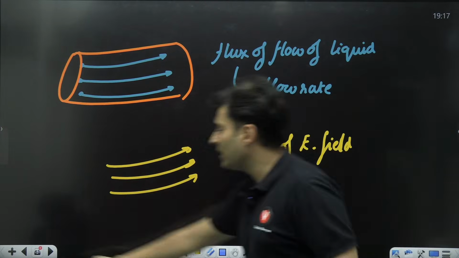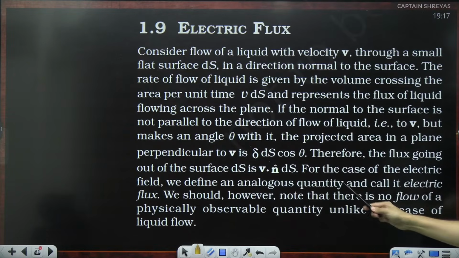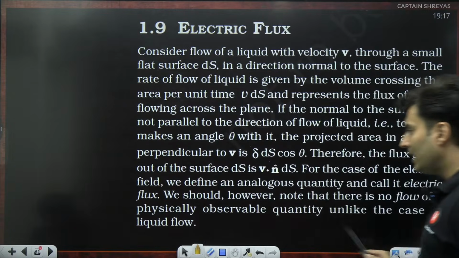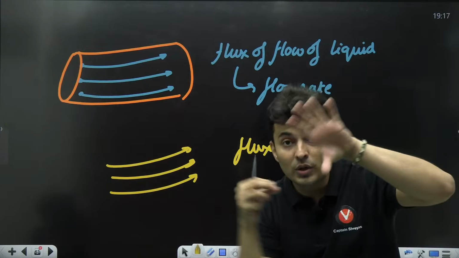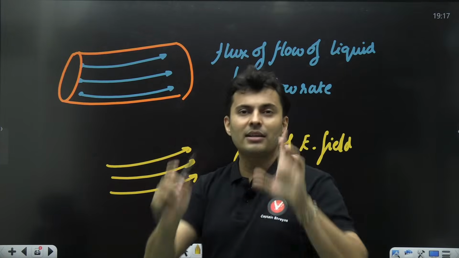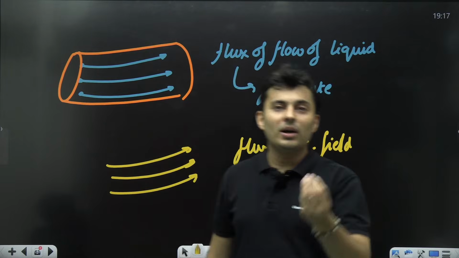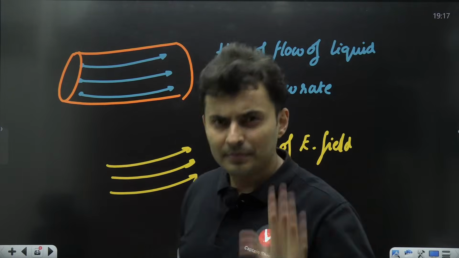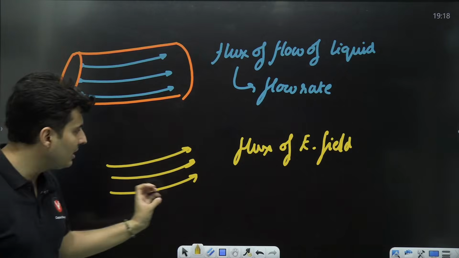The only difference being there is nothing actually moving. There is nothing actually flowing physically, unlike the liquid flow. In case of the liquid, particles are actually moving in the pipe, but in case of electric field, you do not see some particles going. It is just a hypothetical concept, because electric field was purely hypothetical. It was imaginary, which helps us understand physics better. So the same thing can be said definition wise, but don't expect to actually see anything.